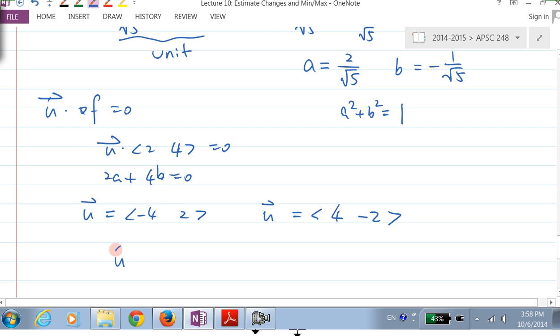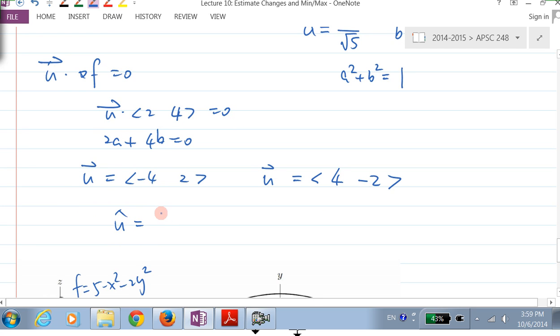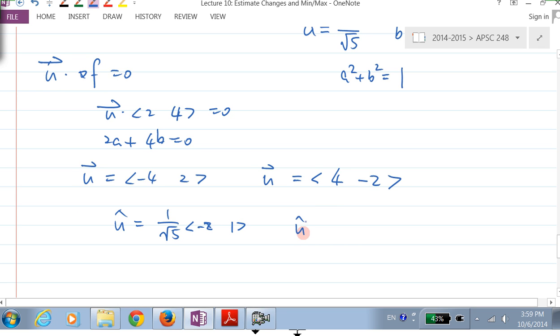Then what's u hat? You basically normalize this guy here. Normalize this and you will end up with 2 directions, just like what you did here. That ends up with 1 over root 5 times negative 2, 1. And the other direction is 1 over root 5 times 2, negative 1.